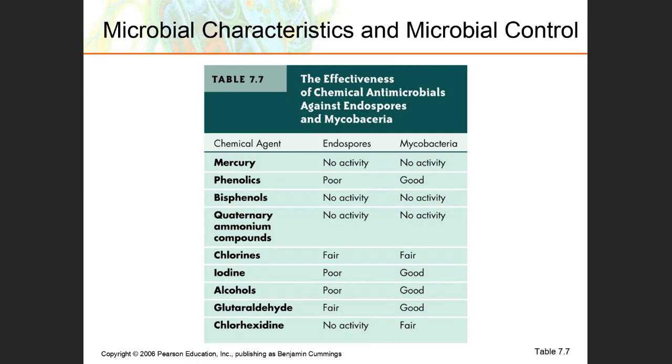Mycobacteria, we have some things that don't work. Phenolics are good. The rest of these are good here, but others not so much. The quats are normally very excellent, but they don't work against spores or mycobacteria. So again, you need to think about what you are trying to kill and use the appropriate physical or chemical agent to achieve that.